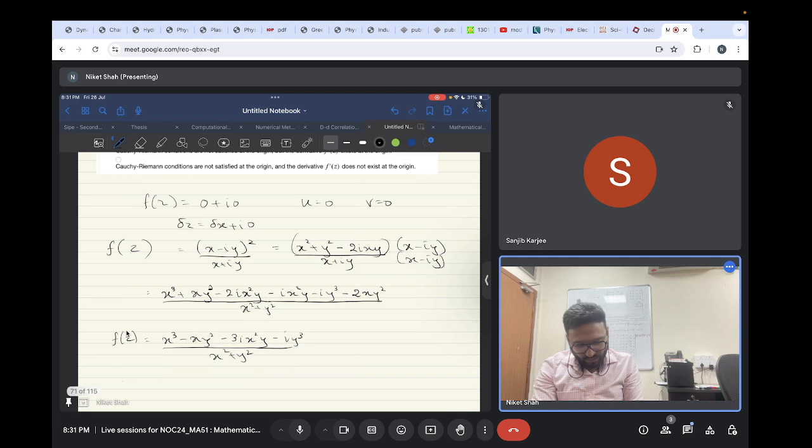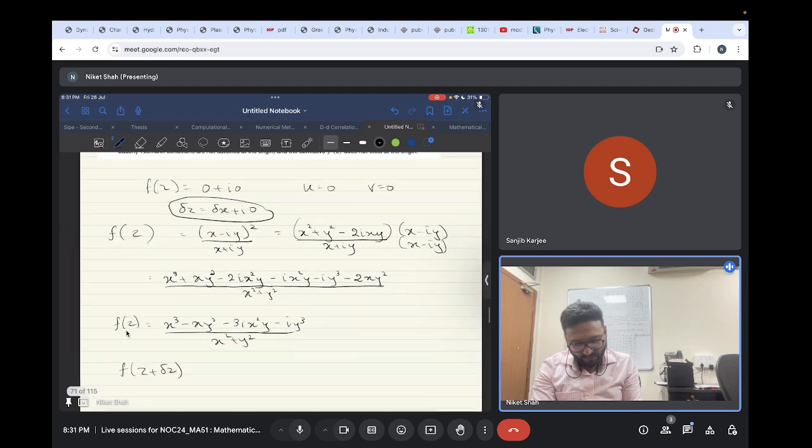Now what I want to do is f of z plus delta z, where delta z is this delta x plus i into 0. So this is f of z plus delta z minus f of z divided by delta z, limit delta z tends to 0.